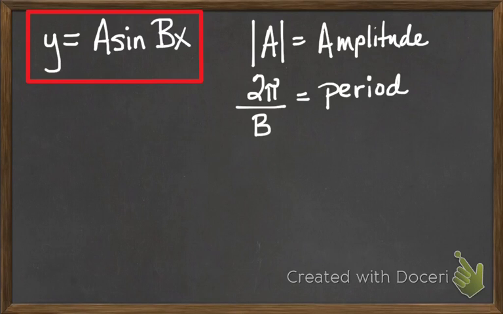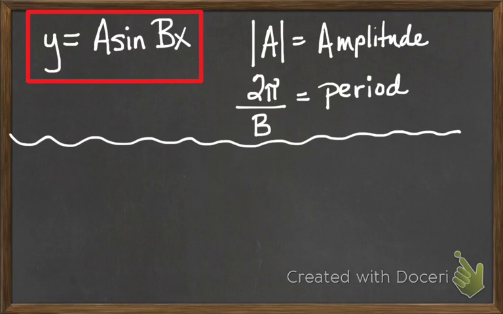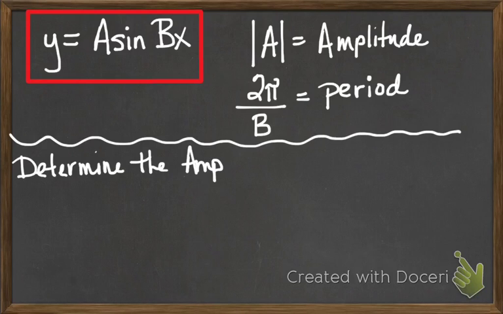So the first set of directions, so we need to know all that. The first set of directions say determine the amplitude. And I'm going to abbreviate it as amp.